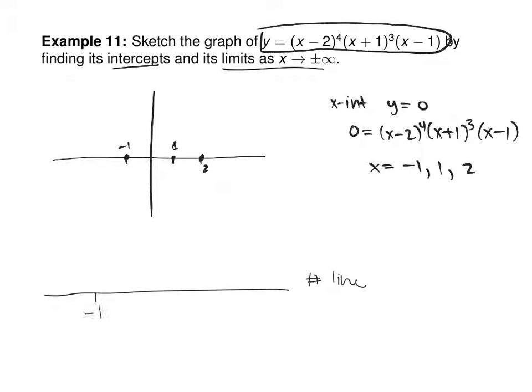I'm going to plot -1, plot 1, plot 2. And I'm going to test the sign of numbers on either side. Not how big they are, just whether they're positive or negative. If I test something over here, I'll test -2. I'd suggest having a system where you either circle or color code your test numbers so you don't confuse them for the actual zeros.